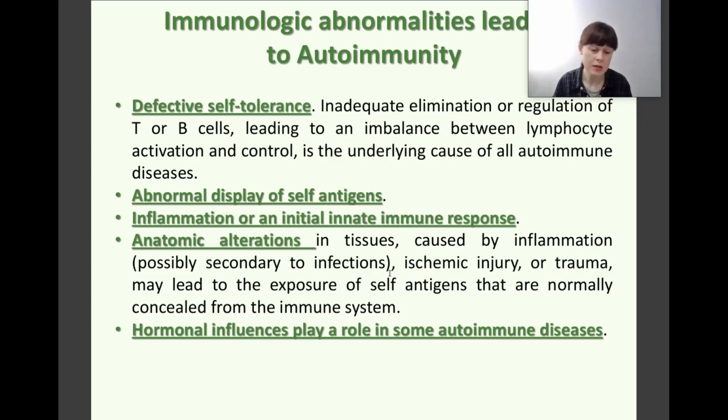Autoimmune diseases vary greatly in the organs that they affect and in clinical manifestation, with some being limited to particular tissues and others being systemic or disseminated. Also, an inflammation process can lead to exposure of self-antigens that are normally concealed from the immune system.